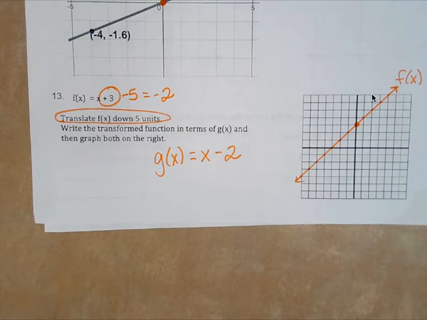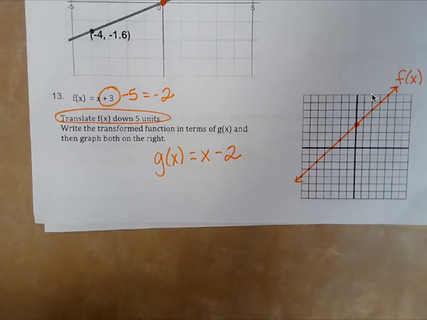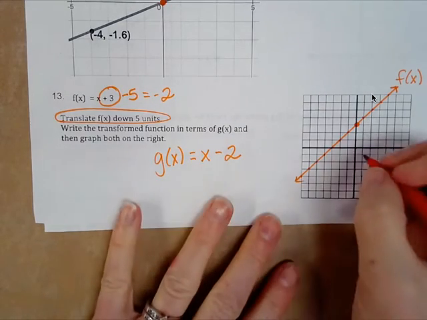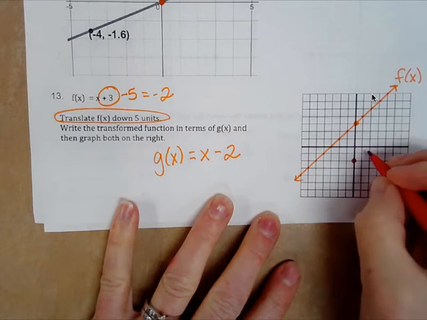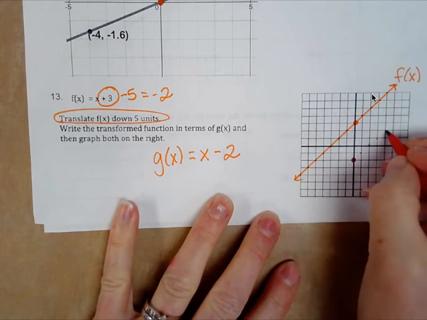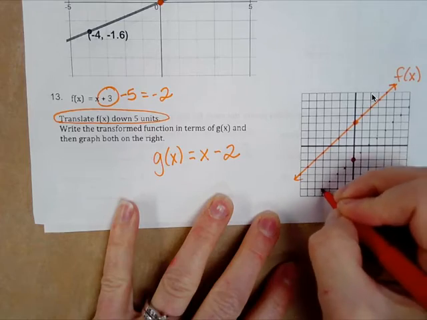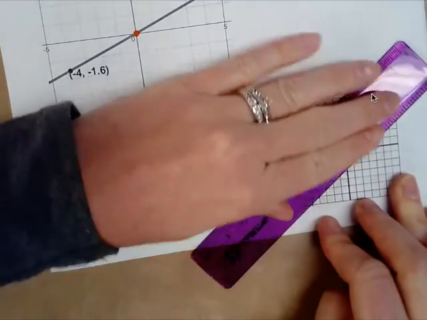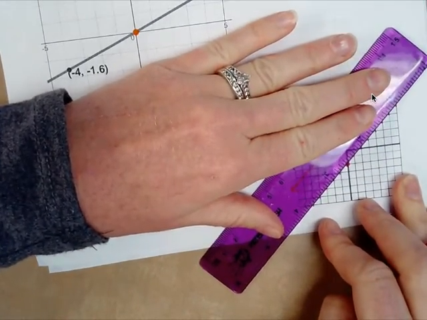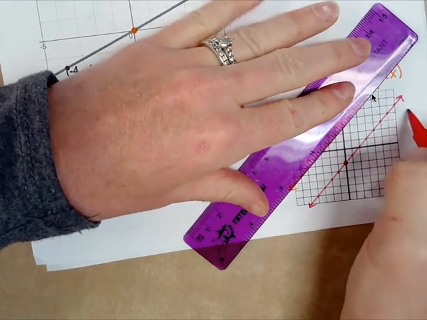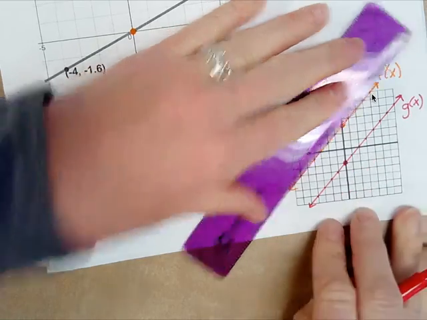So now we're also asked to graph the g of x. So the g of x was translated down 5 units, so it's at -2. But it still has the same slope of 1 over 1. And label it g of x.